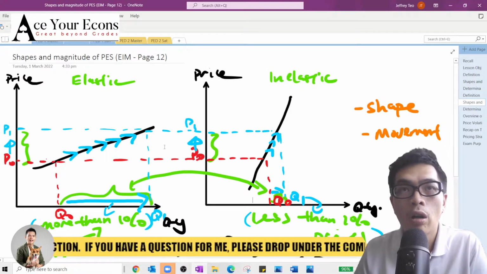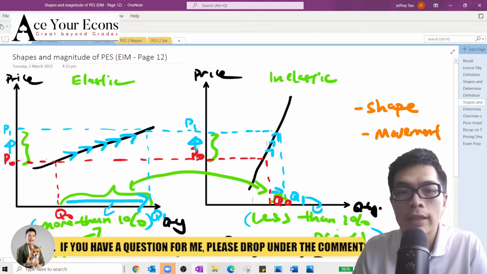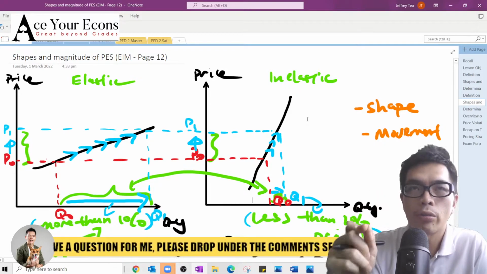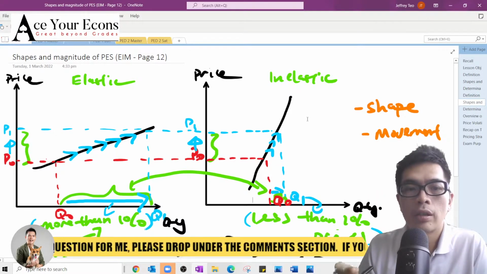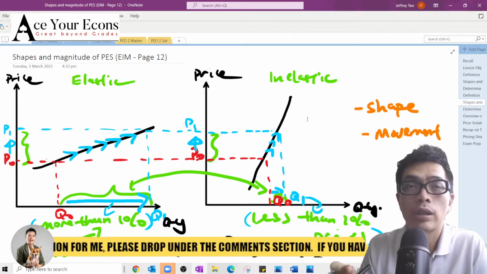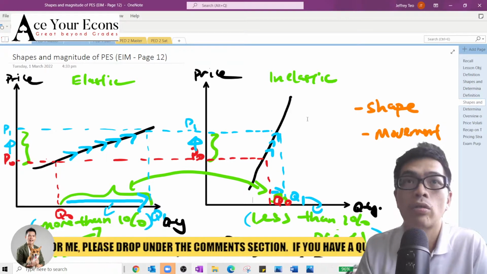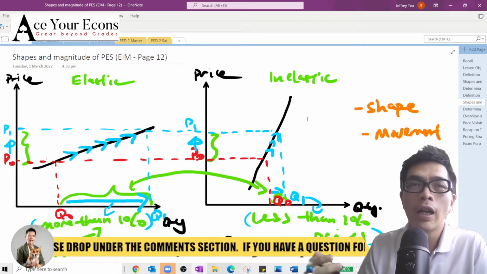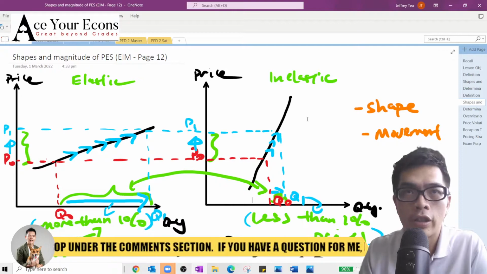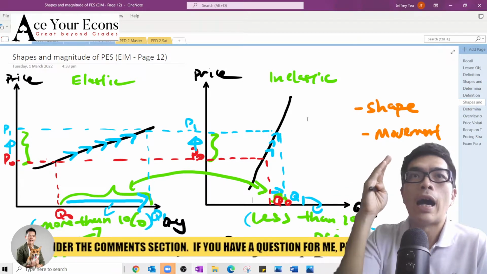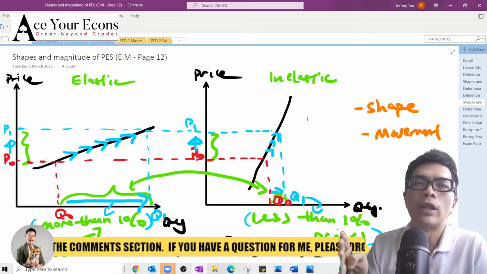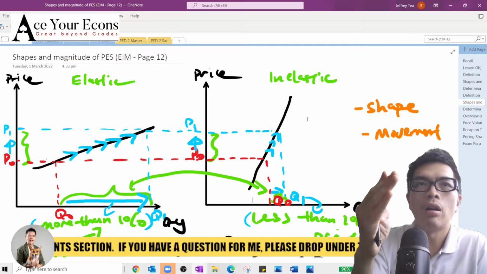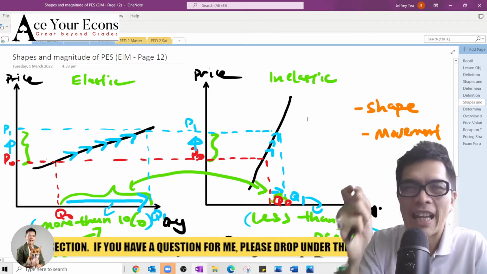Whereas for fresh fish, because of the nature of perishable, you cannot keep a huge quantity as inventories. Therefore, fishmongers will have issues keeping them or reacting to price changes. Why? Because you cannot keep overnight fish, right? And therefore, when there's an increase in prices of fresh fish, producers are unable to keep up with the increase in price. They will find it more restrictive, or quantity supplied will increase less as compared to canned fish.